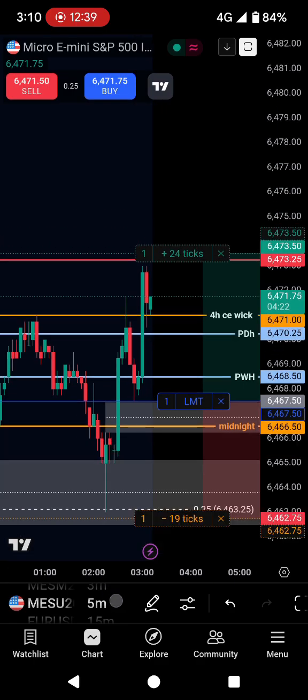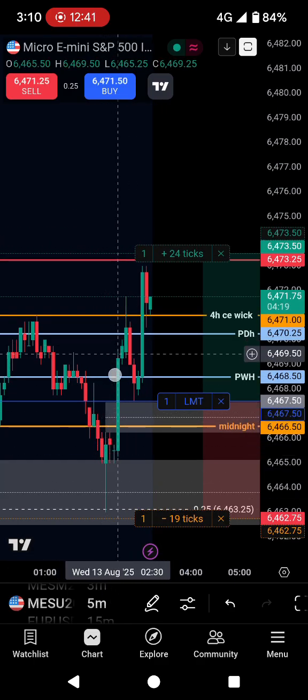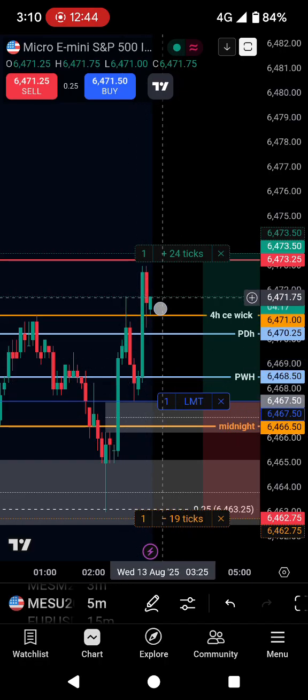But yeah, if I look at the 5-minute chart, I can see sell side here, dispersion fell really good, respected it.